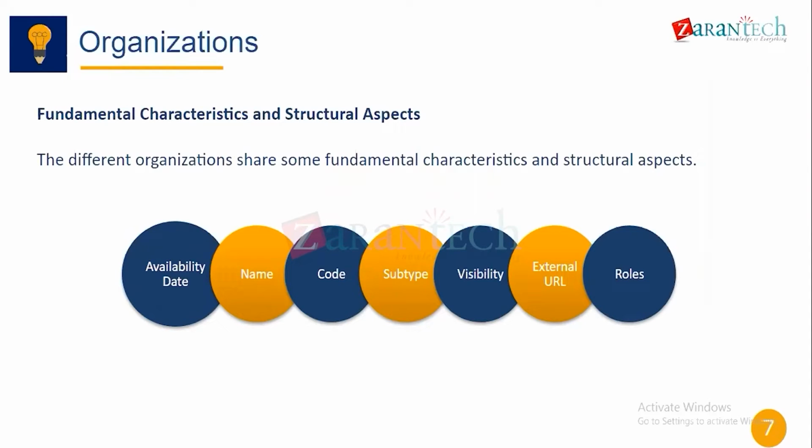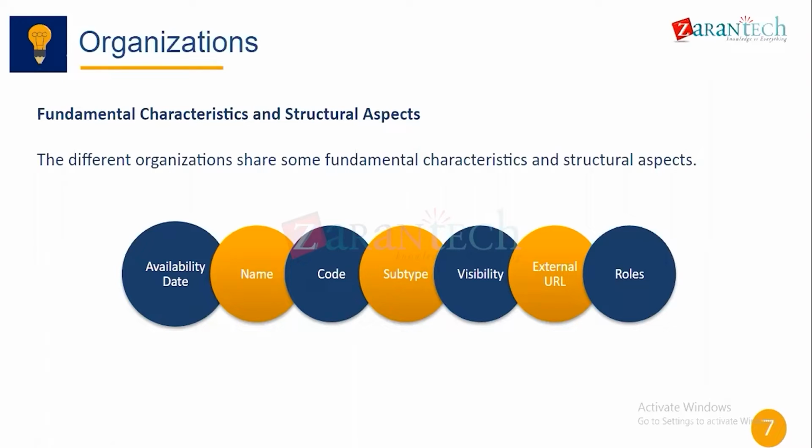Some fundamental characteristics in the structure aspects: we discussed that each organization has an availability date. They have the name, code, subtype, visibility, external URL, and the roles that are assigned to that organization. We created one organization, that is reorganization, first.